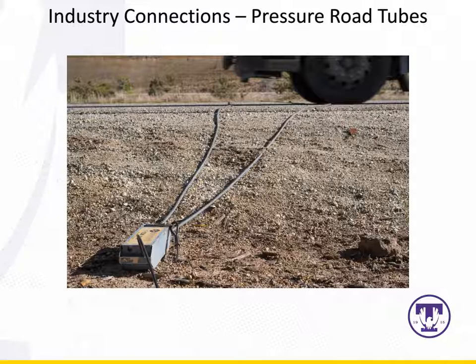So what we're going to be doing in the coming lab is programming a PLC to work as a pressure road tube machine to do traffic counting and speed analysis, as well as average speed analysis.